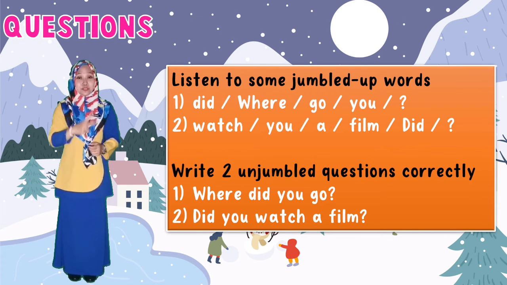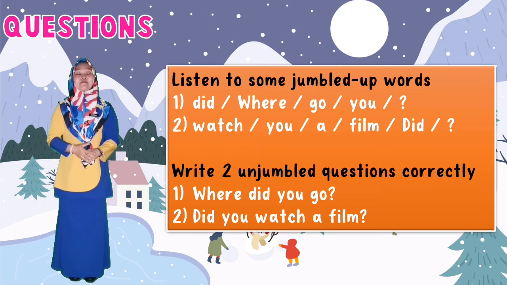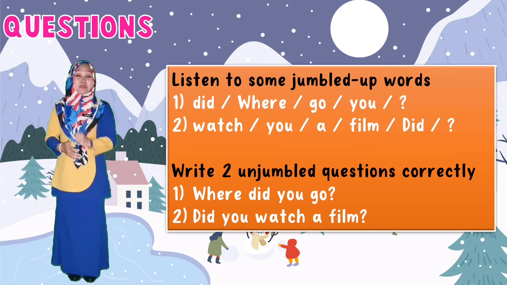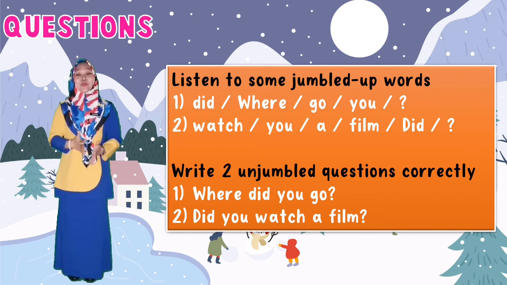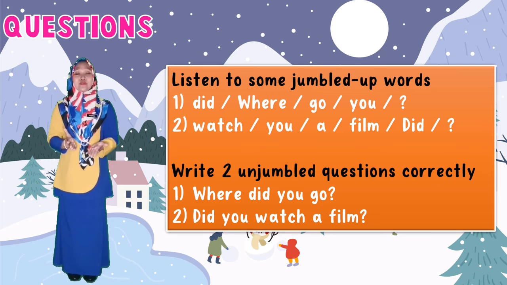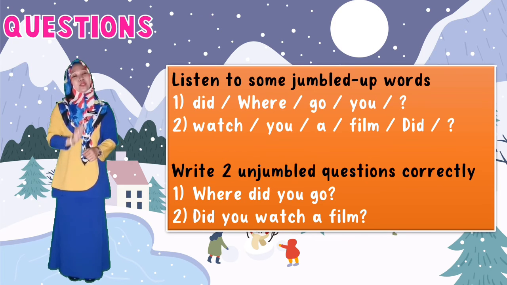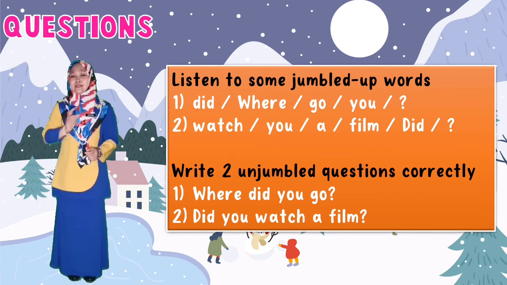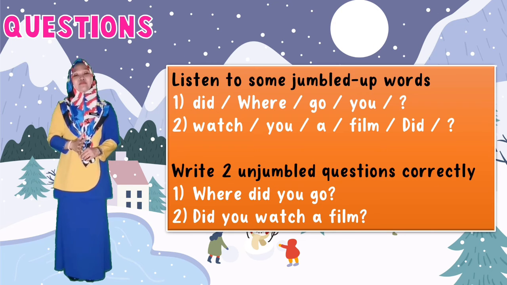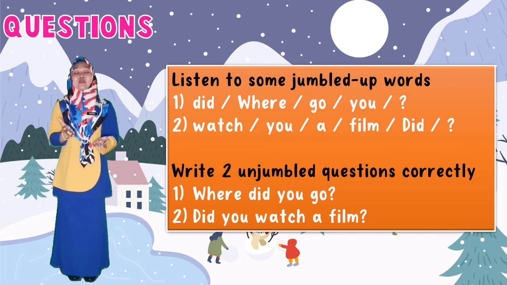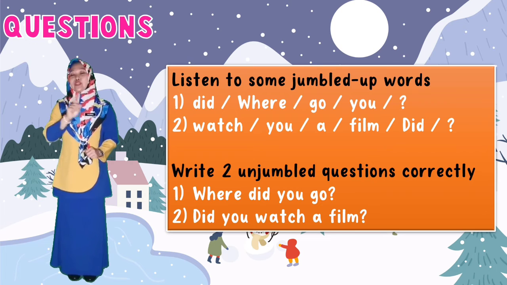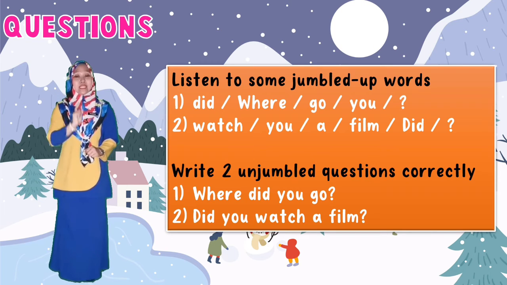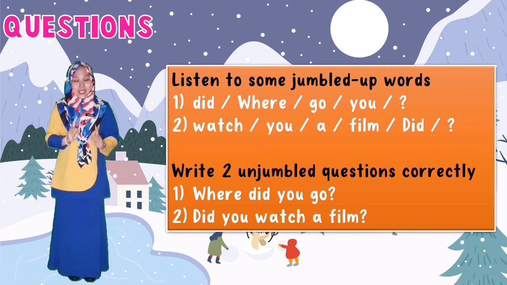For question number 2, did you watch a film? Question number 2 is a yes-no question because we use the word did to start the question, and the past tense is not used in the main verb. The main verb is watch, with no S, no ED, and no ING.